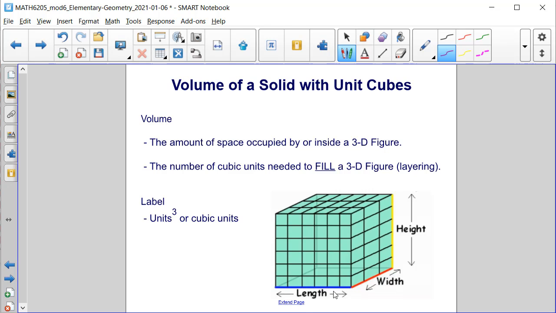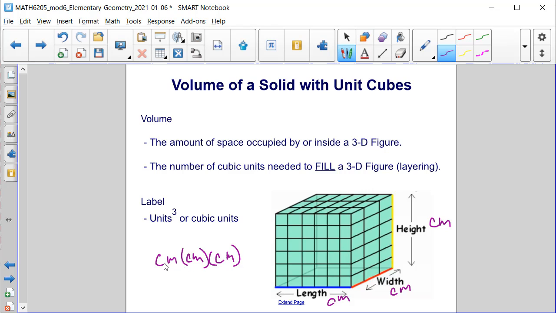Well, if the length was, say, measured in centimeters, and the width was measured in centimeters, and the height was measured in centimeters, to find the volume of this solid, we would multiply the area of the base, length times width, so centimeters times centimeters, and then multiply that by the height, which is centimeters again.